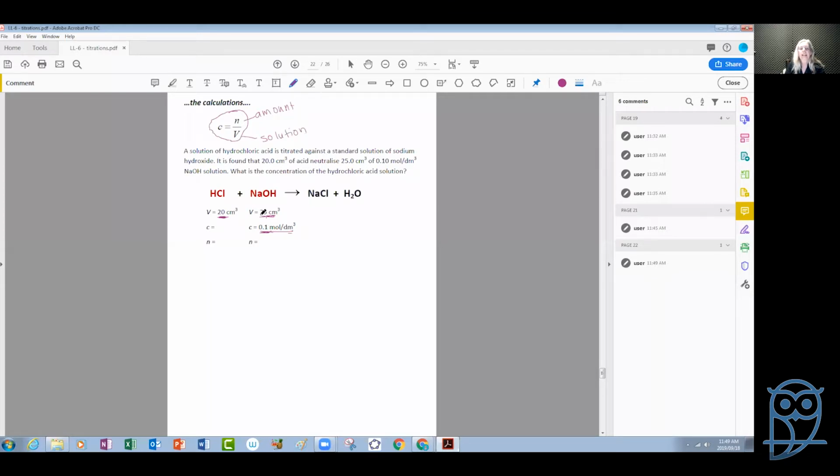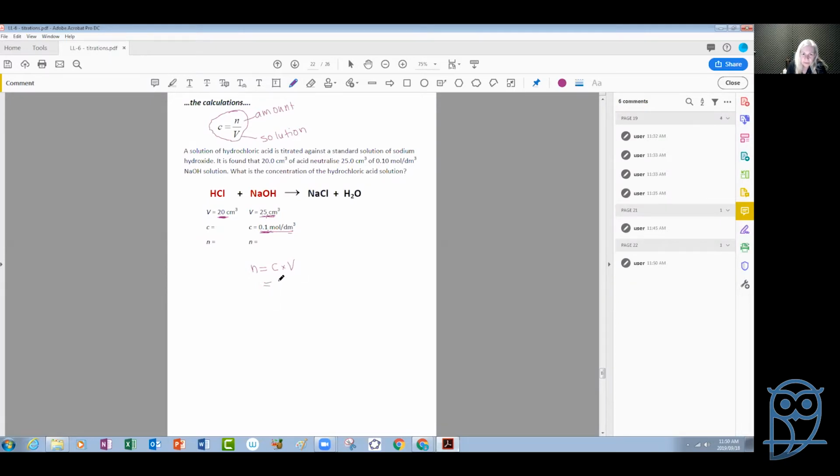All right, so in this case now, look at the sodium hydroxide. We know its concentration, we know its volume, we can find the number of moles, the amount of sodium hydroxide base that is found in this particular volume. So here we can do the calculations. This number of moles, if we solve for n, what is n? Is concentration times volume, isn't it? We have these values here.